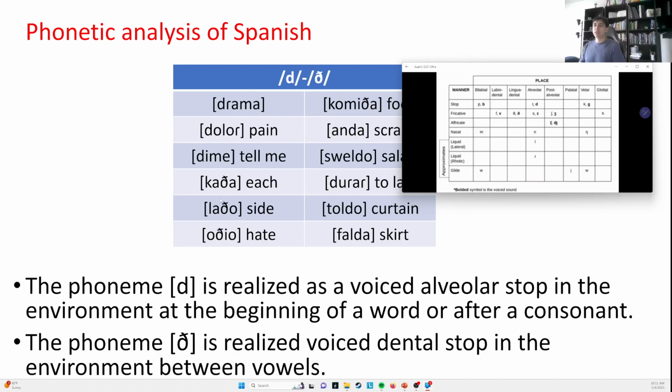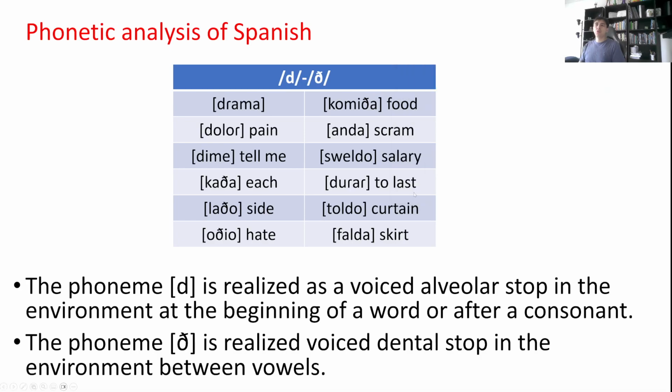So between these two vowels, we're going to find this D. That is the way that I do a phonetic analysis, and that is the way that I can explain what is happening with these allophones. And this can be done in any language.